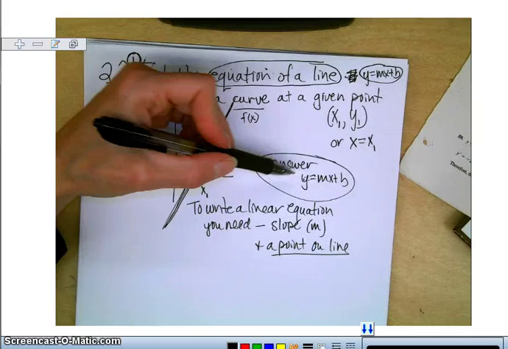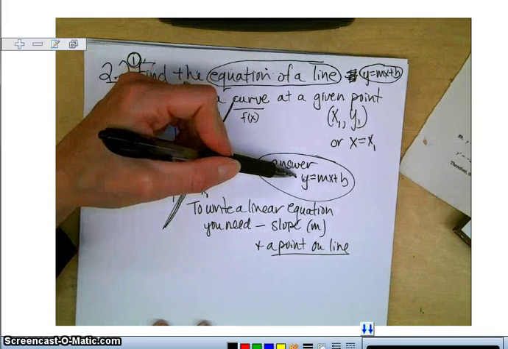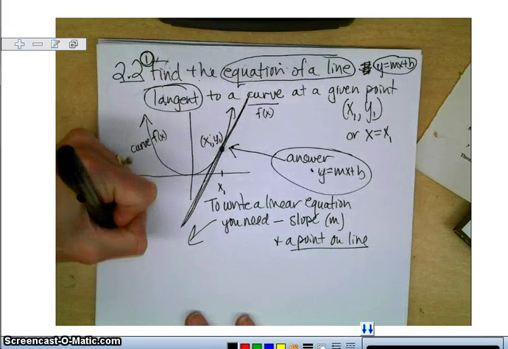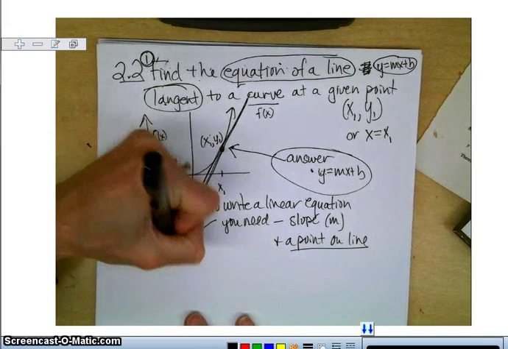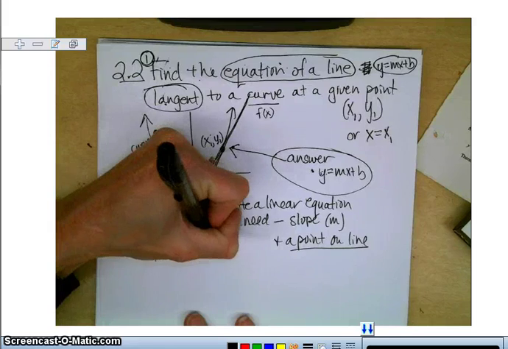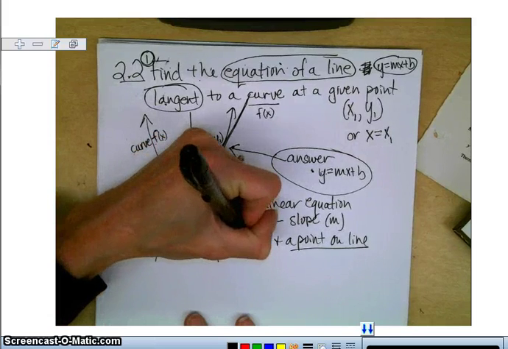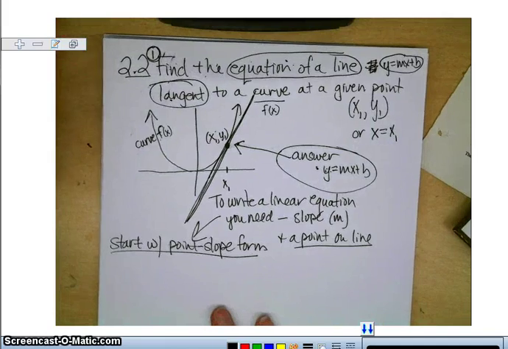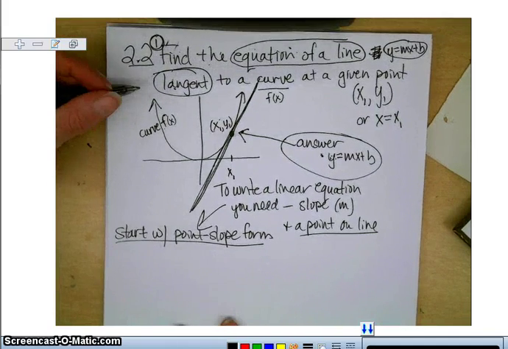In fact, my answer is only going to look like y equals mx plus b. The way I'm going to start a linear equation, I'm going to start with point-slope form. Point-slope form is the greatest linear equation form there is. It's easiest to work with. Point-slope form, if you don't know what it is, looks like this.